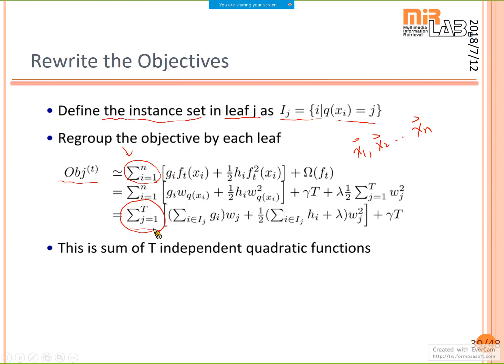By doing this kind of rearrangement, we can find that actually this is the summation of T independent quadratic functions. And once it's an independent quadratic function, you can solve the quadratic function directly. So that's the beauty of XGBoost.